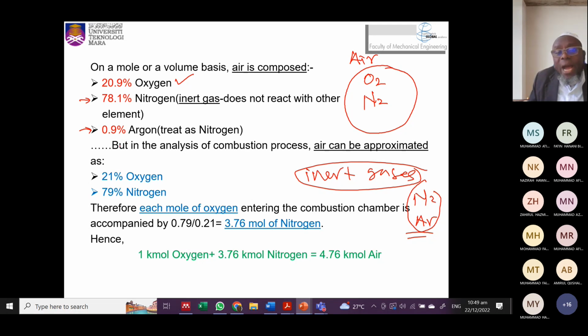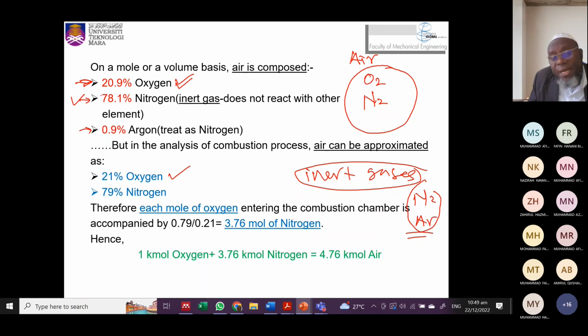So in our analysis of combustion, we assume that oxygen forms 21%. We approximate this to become 21%. And then nitrogen consists of 79%.